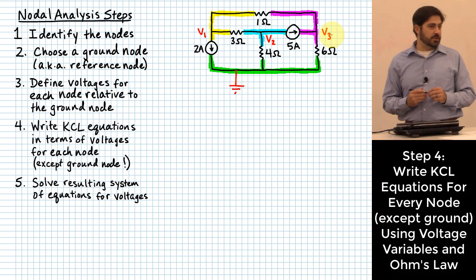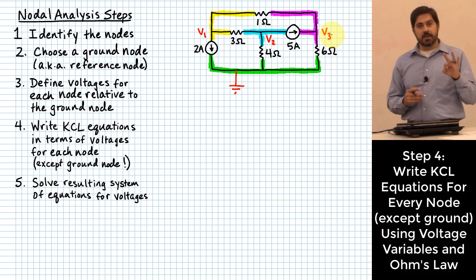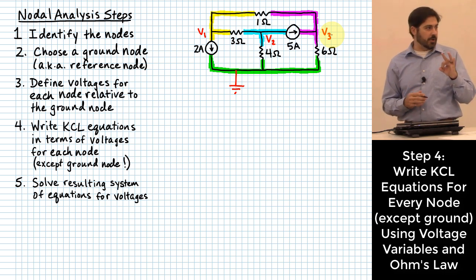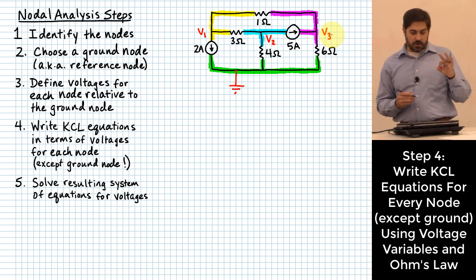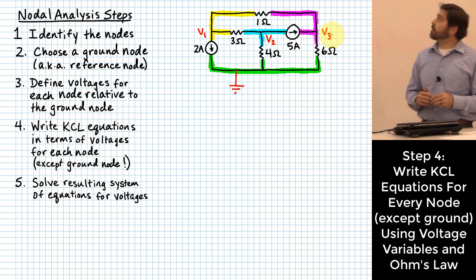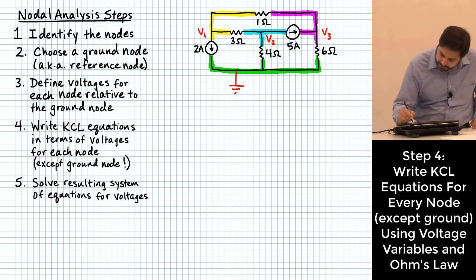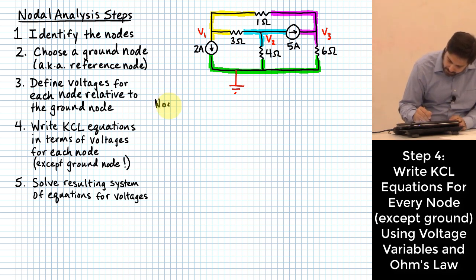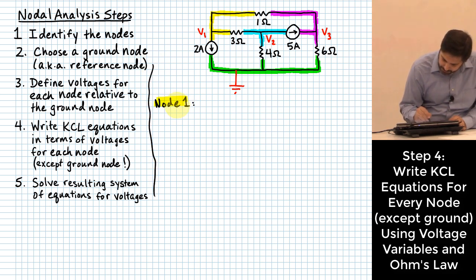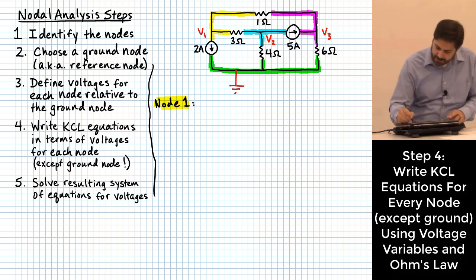So for this circuit we'll write 3 Kirchhoff's current law equations, because we have 3 nodes that are not the ground node. May as well start with the first one, the yellow node. I'll put node 1 right here, and color it to be totally clear.